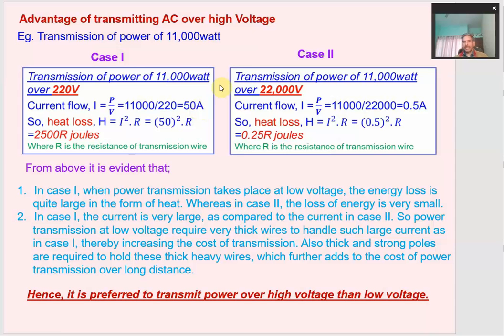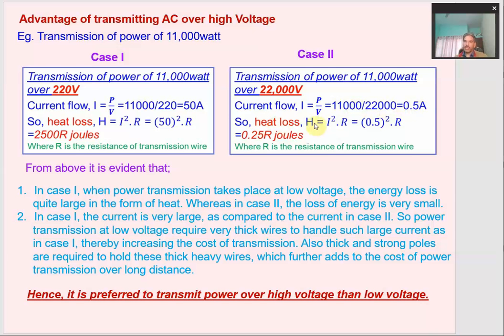In the second case, we use a step up transformer and increase the 220 volt to, for example, 22,000 volt, and transport the same power. What will be the current? Again it is power upon voltage, which is equal to 0.5 ampere, which is quite small.